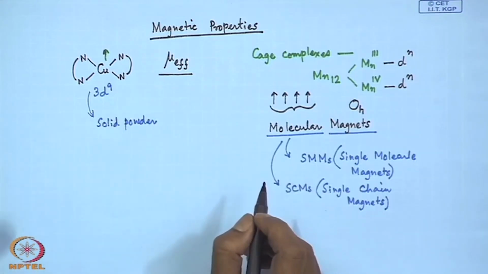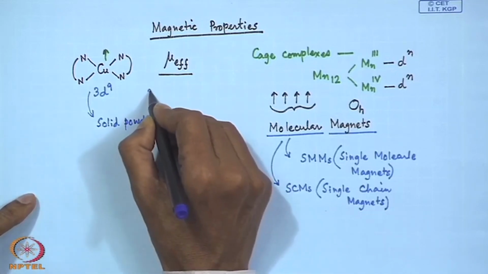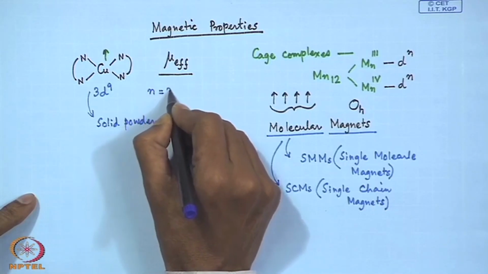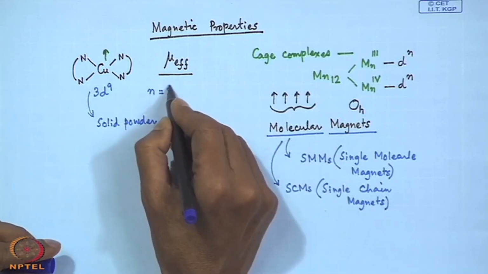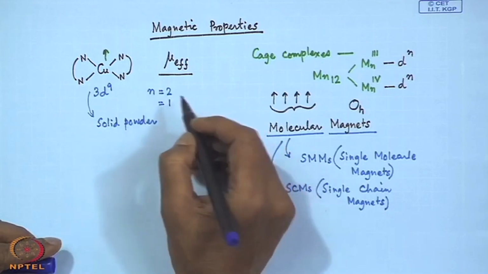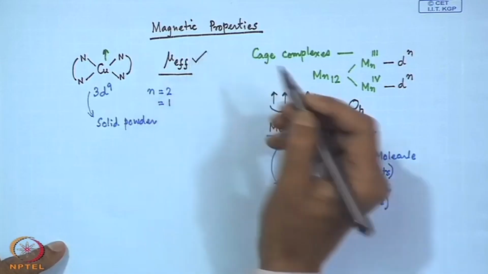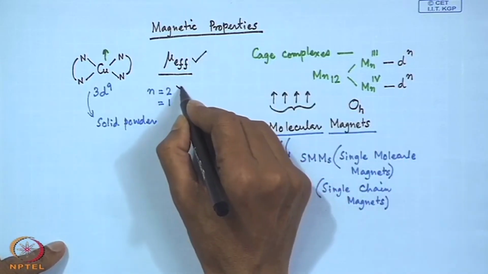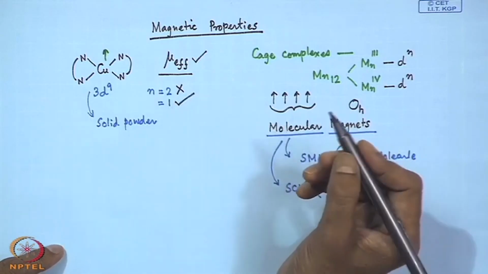So, using the solid powdered compound we can determine the corresponding magnetic moment, where we can get the corresponding paramagnetism, whether this paramagnetism is n equal to 2, n equal to 1 or n equal to something else. That means the number of unpaired electrons we can determine nicely through the measurement of these mu effective values. So, it cannot be n equal to 2, it will be n equal to 1.